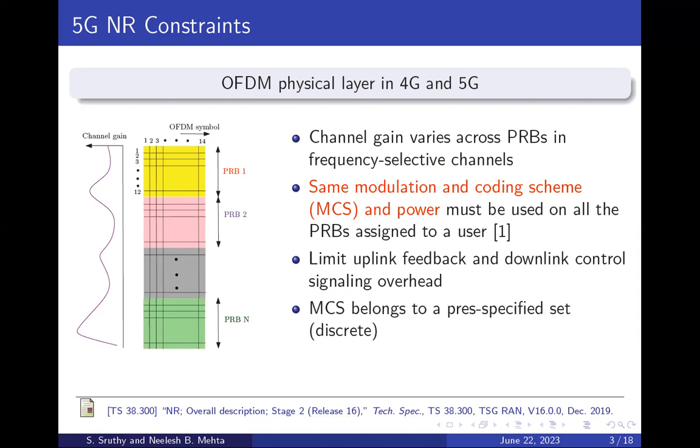Due to the frequency selectivity of the channel, the gain varies across these PRBs, as shown in this figure. But at the same time, the standard mandates that the same modulation and coding scheme, MCS, and power must be used on all the PRBs assigned to a particular user. It limits uplink feedback and downlink control signaling overhead. This MCS belongs to a pre-specified set which is given by the standard and it is discrete.